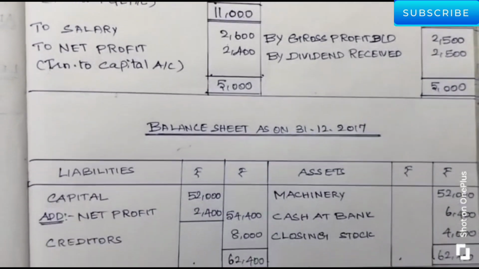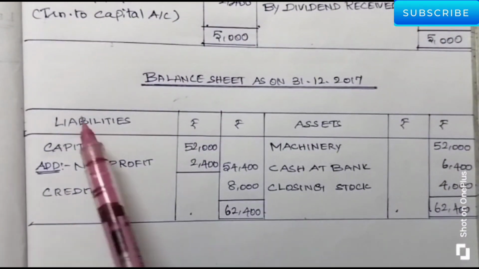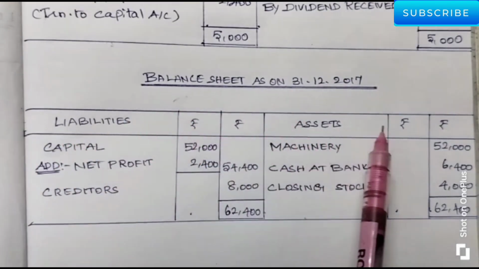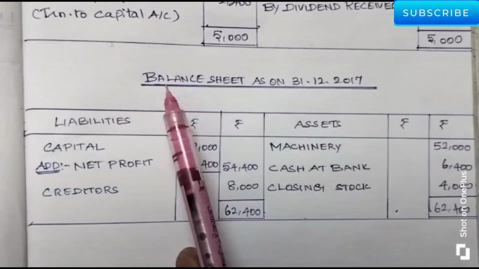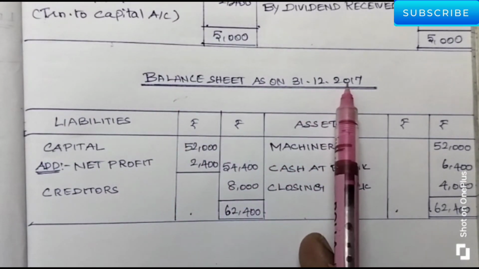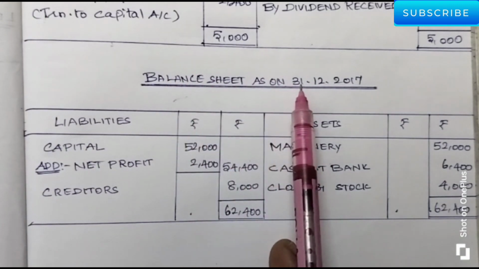Before we prepare the balance sheet, we have to write the heading and format of the balance sheet. The heading of the balance sheet is "Balance sheet as on 31st/12/2017". Whatever they give in the question, you have to enter as the title or heading.